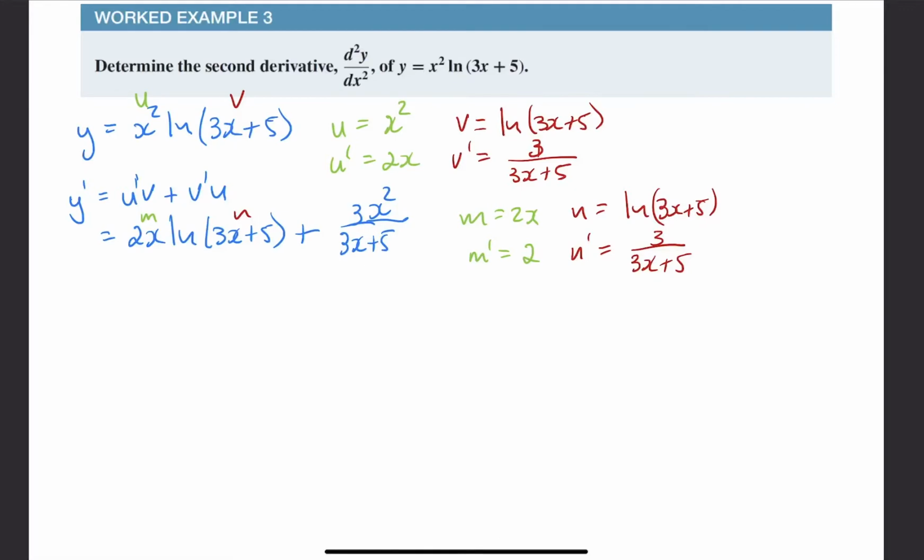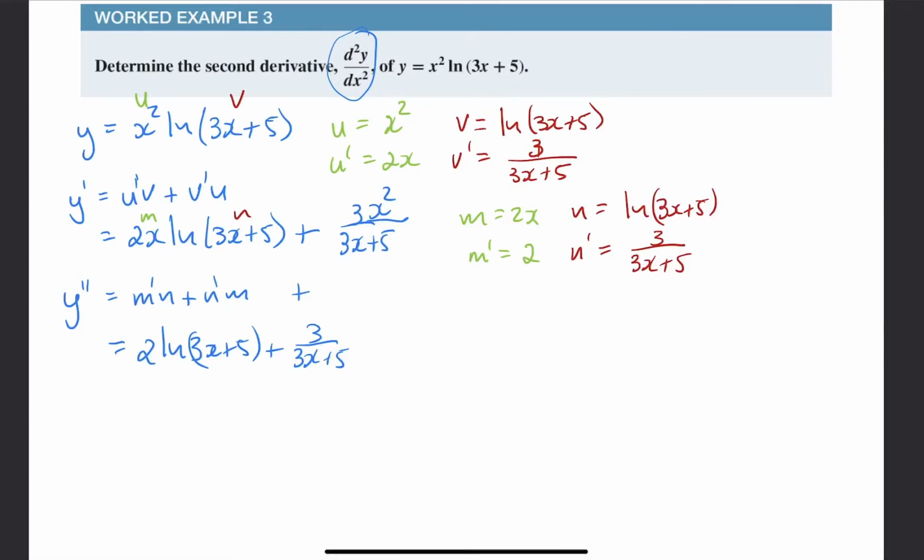So the second derivative of y, d squared y over dx squared, for the first part, will be the derivative of m multiplied by n plus the derivative of n multiplied by m, plus whatever's happening in the second part. Derivative of m is 2, n is the ln of 3x plus 5, plus the derivative of n, which is 3 over 3x plus 5, multiplied by m, which is 2x.